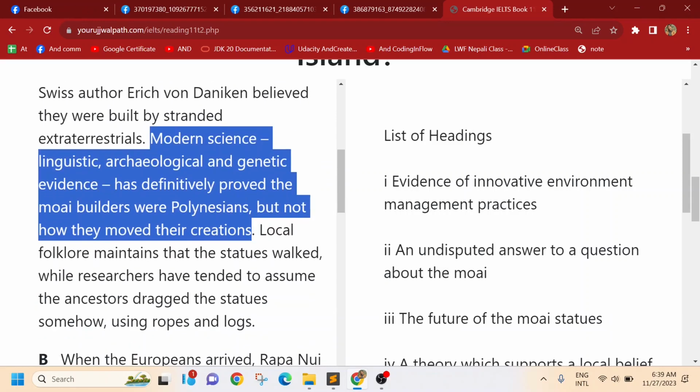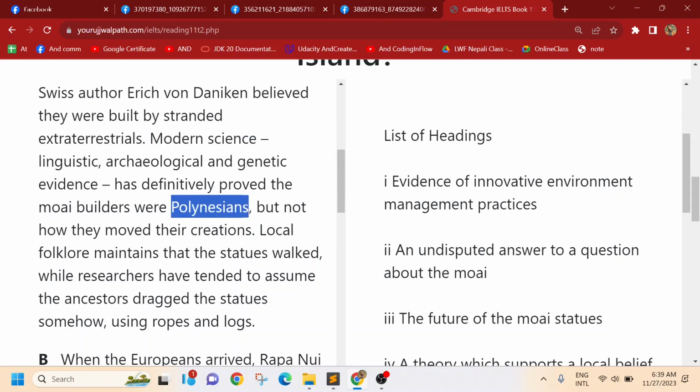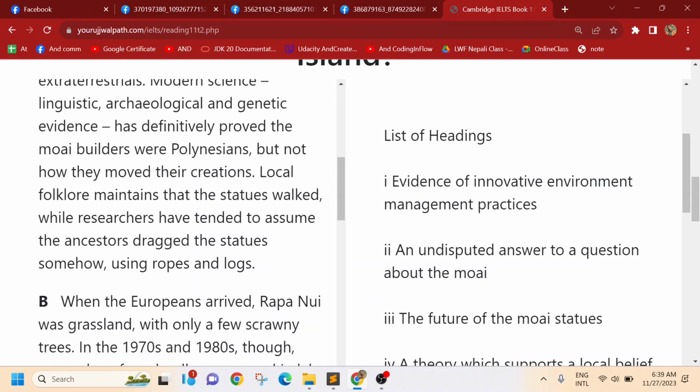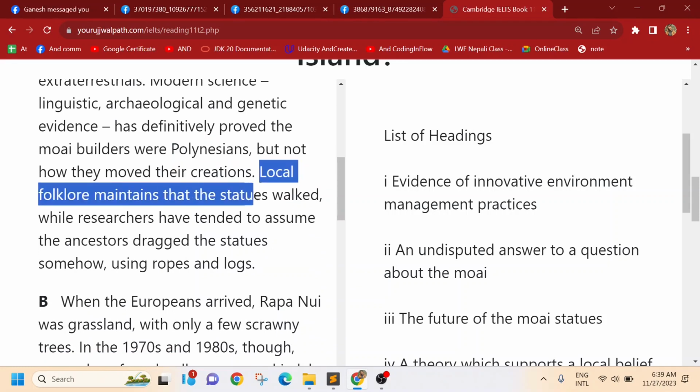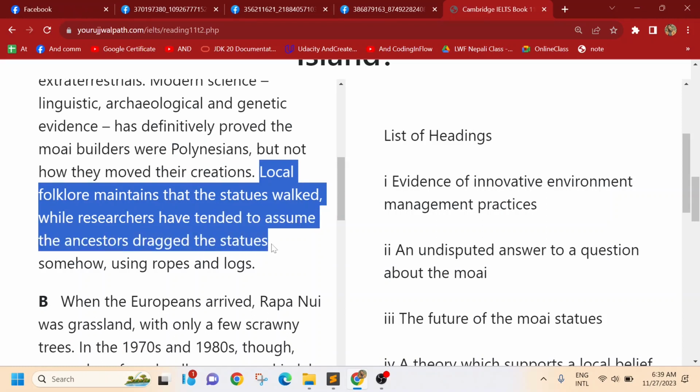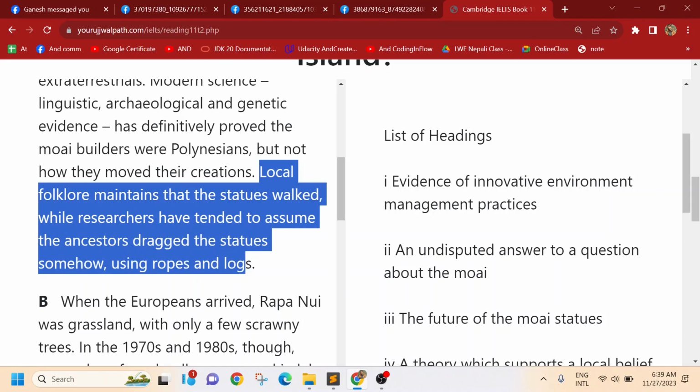The proofs have shown that they were made by Polynesians, but not how they were moved. And local folklore maintains that the statues walked, while researchers have tended to assume the ancestors dragged the statues somehow using ropes and logs.